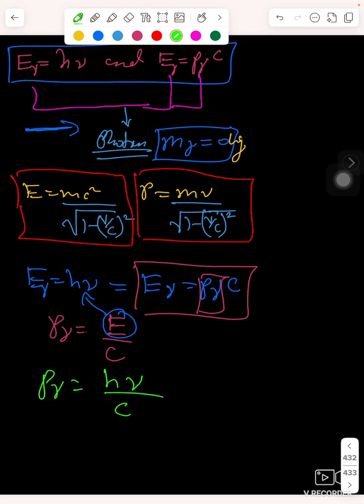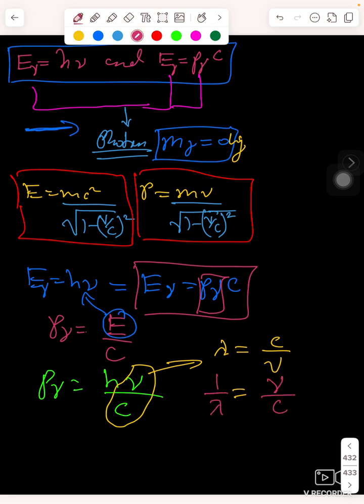Now you might notice this part of the equation is nothing but lambda equals c over frequency. And what about this? 1 over lambda is equal to frequency over c. Now, does it match? Yes. It's the inverse of lambda. And so, we can write it as h over lambda.